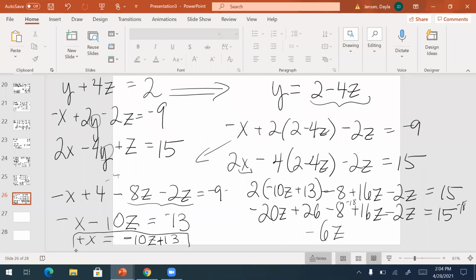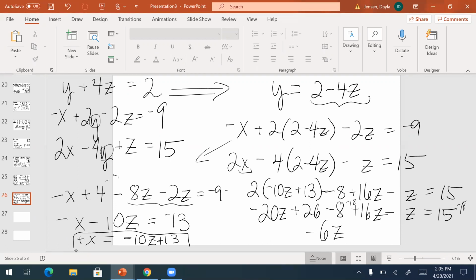Oops, I messed something up, didn't I? Oh, I wrote this one down wrong. That should not be 2z. I copied that problem down wrong. Okay. Minus 8 minus z. So there we go.